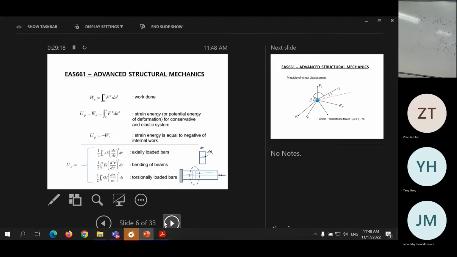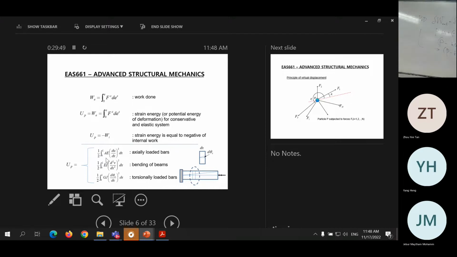Here we have cross-sectional area A, and the elastic modulus E, so AE, and then E is the same. I is the moment of inertia. G is the shear modulus. J is the torsional constant. U is the axial deformation. V, later in bending, is the vertical deflection of the beam.